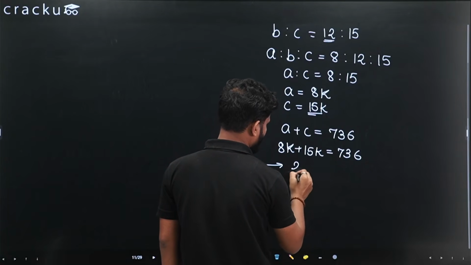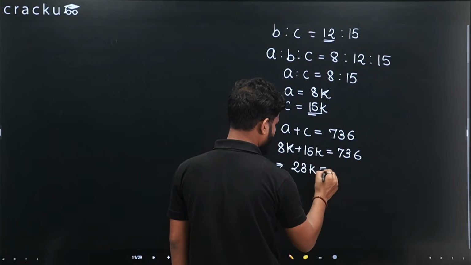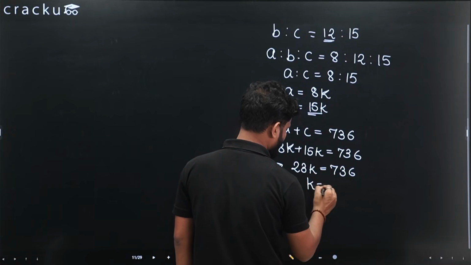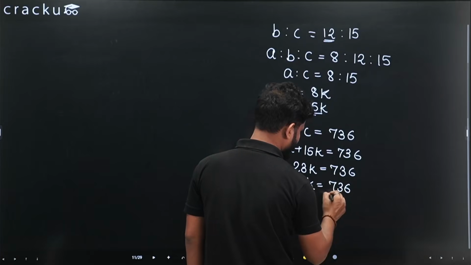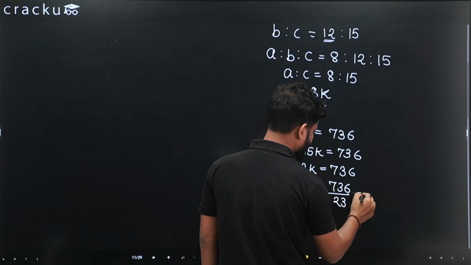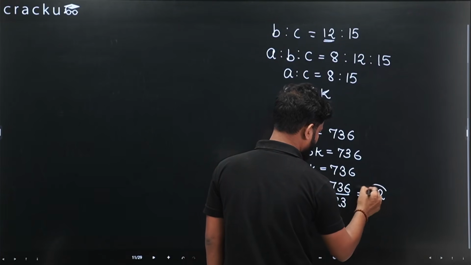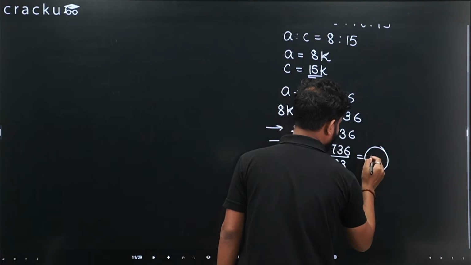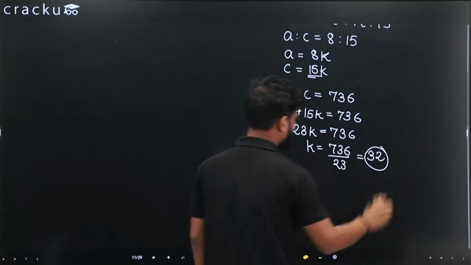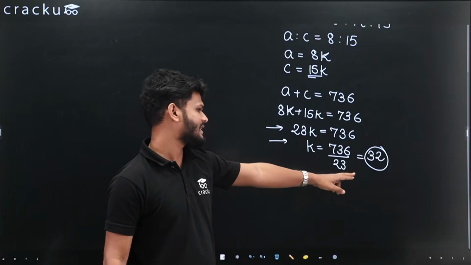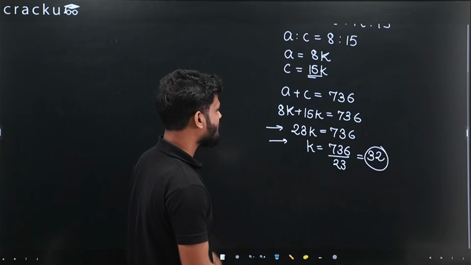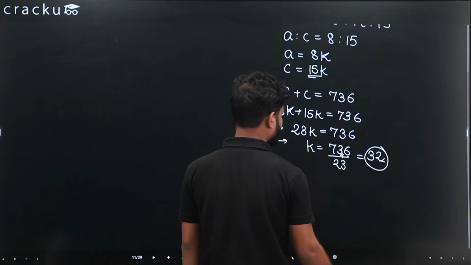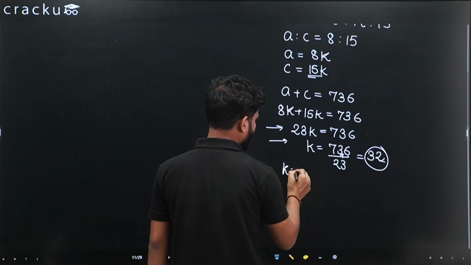This will give you 23k is equal to 736, or k is equal to 736 divided by 23. This is nothing but, sorry, 32, not 62. So 736 by 23 will be 32. Why? 23 into 3 is 69. It will be 4 here and then this will be 2. So k is equal to 32.